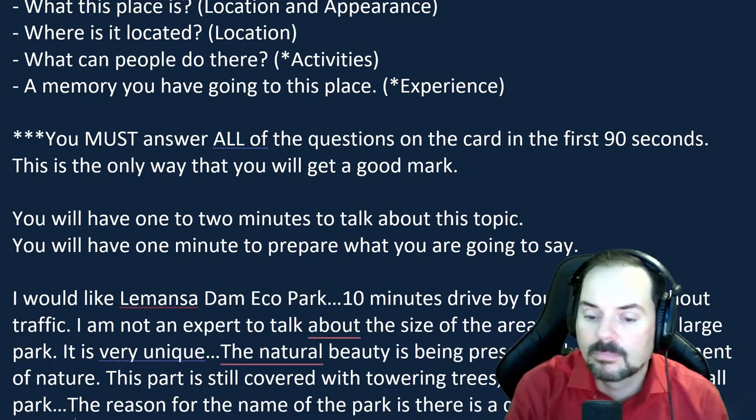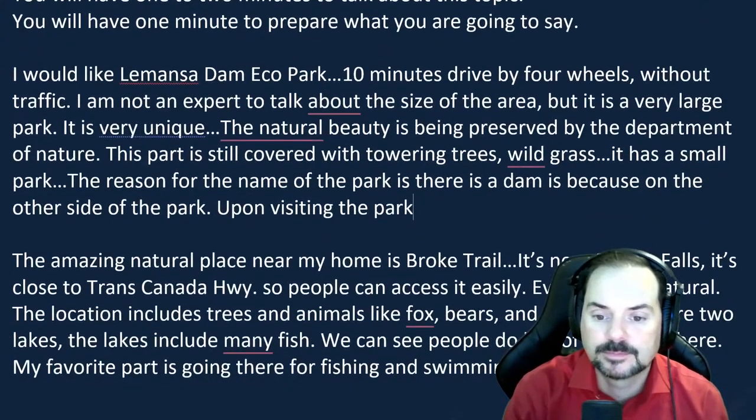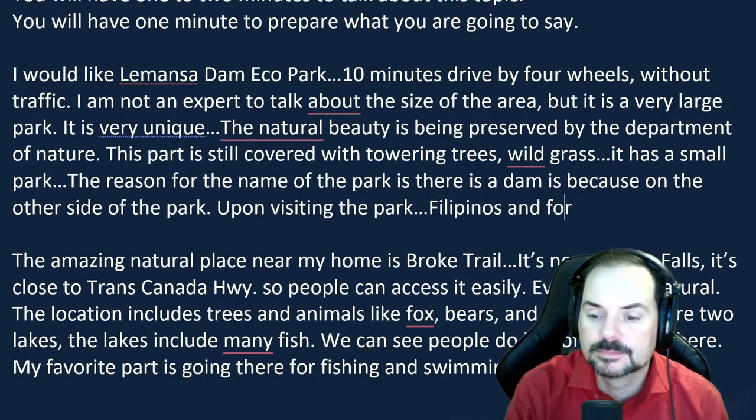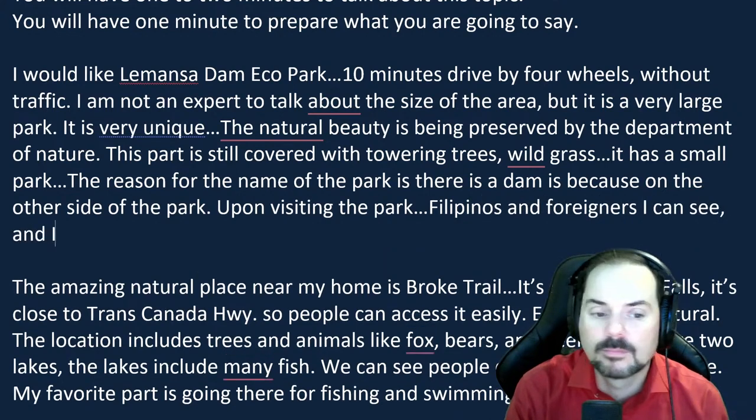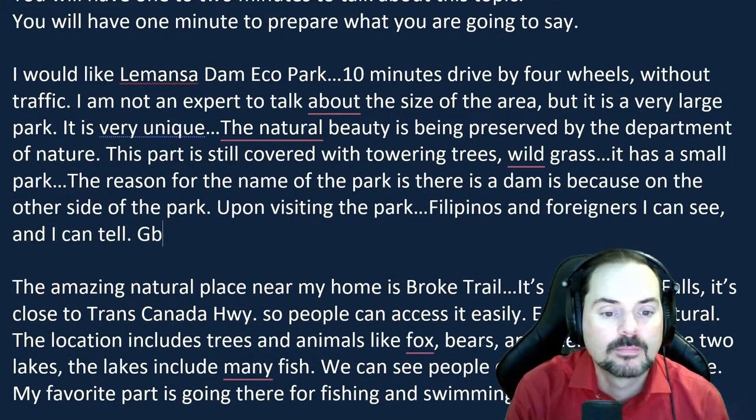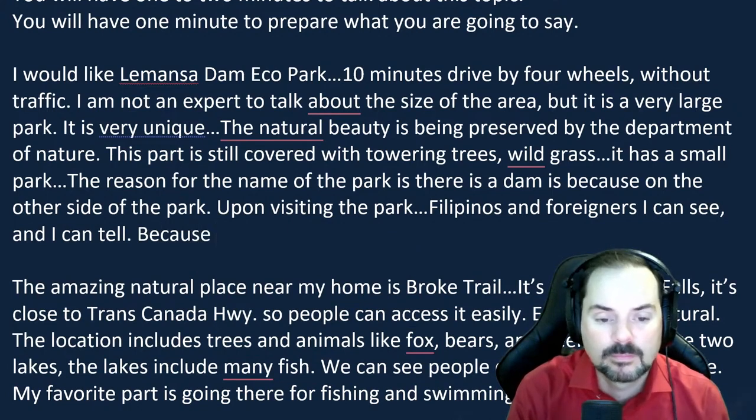Upon visiting the area, I can see park goers are the local residents of the park, and even tourists, even Filipinos and even foreigners. I can tell because it is a perfect place for relaxation and the natural beauty it gives an unwinding sense of spirit.